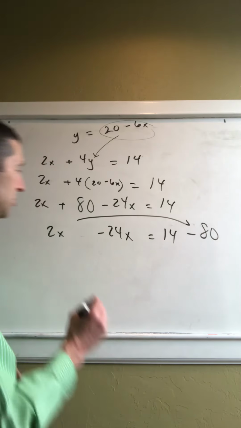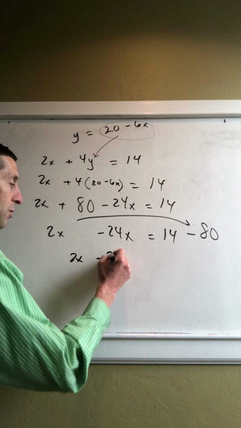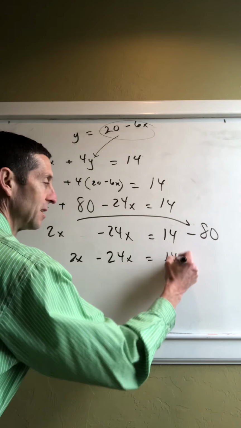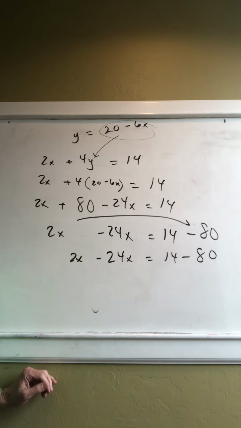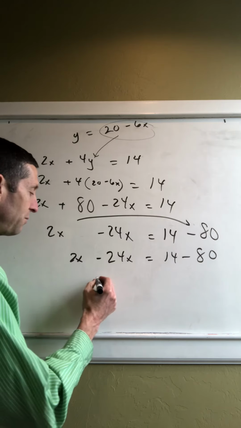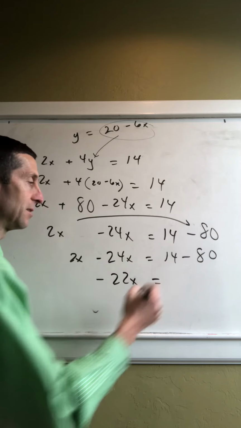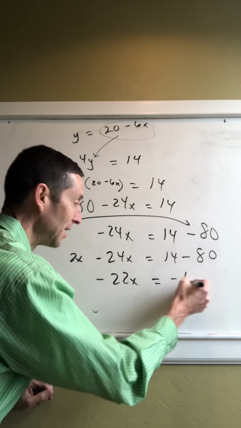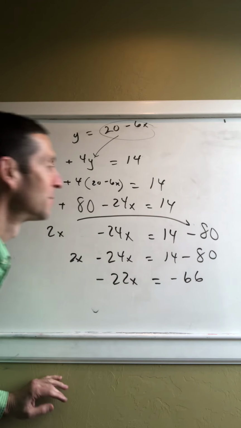Now you've got your numbers together. 2x minus 24x, 14 minus 80. 2 minus 24 is negative 22x. Oh, look at this. This is negative 66.